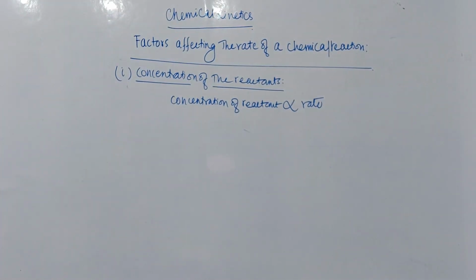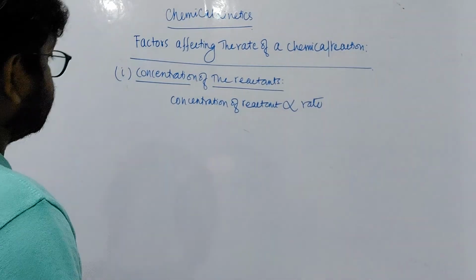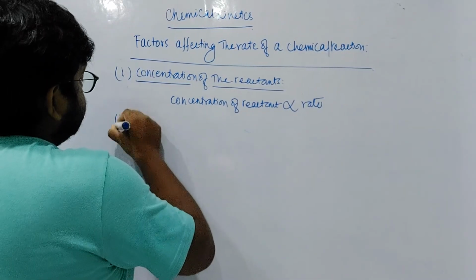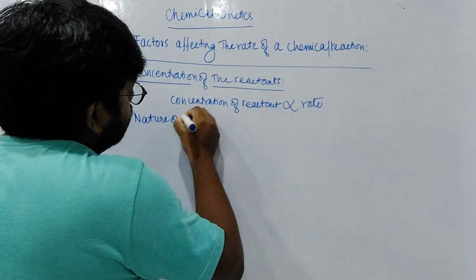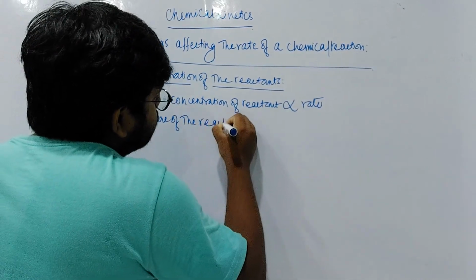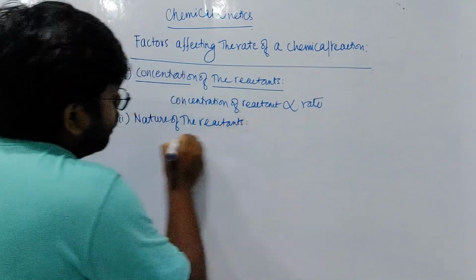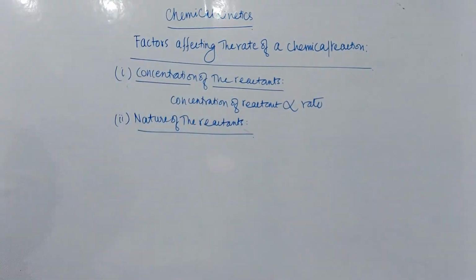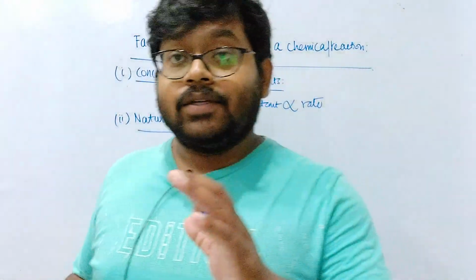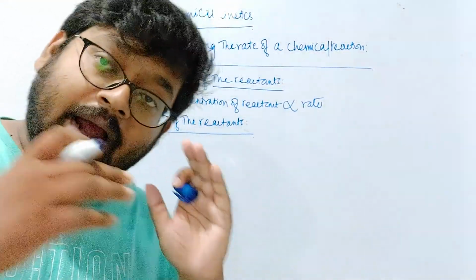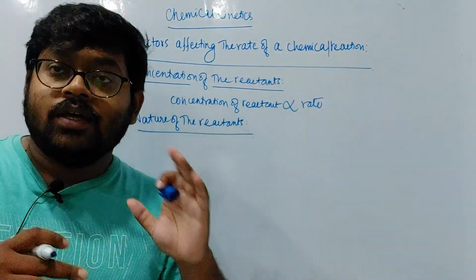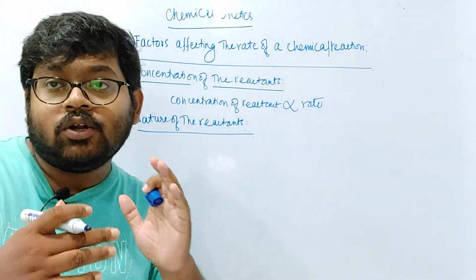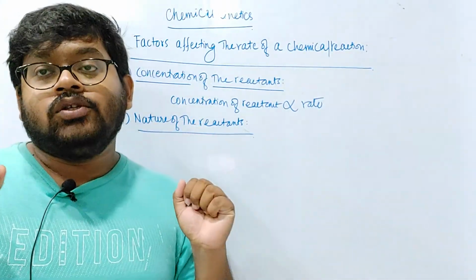Okay, the second factor is nature of the reactants. Also the rate of the reaction depends on the nature of the reactant. Okay, if the reactants are ionic, the rate of the reaction is faster. If they are covalent, the rate of the reaction is quite slow.